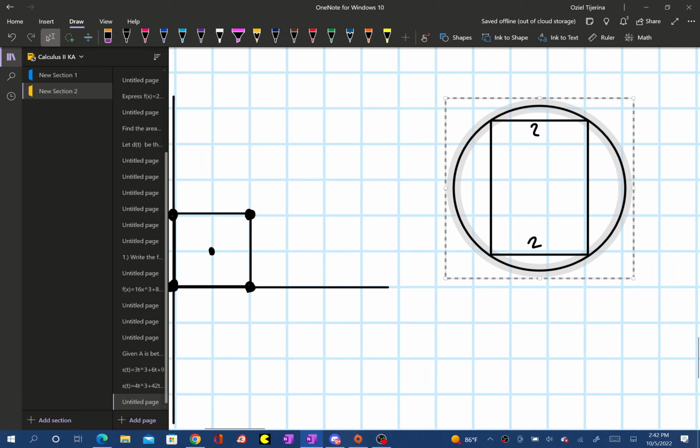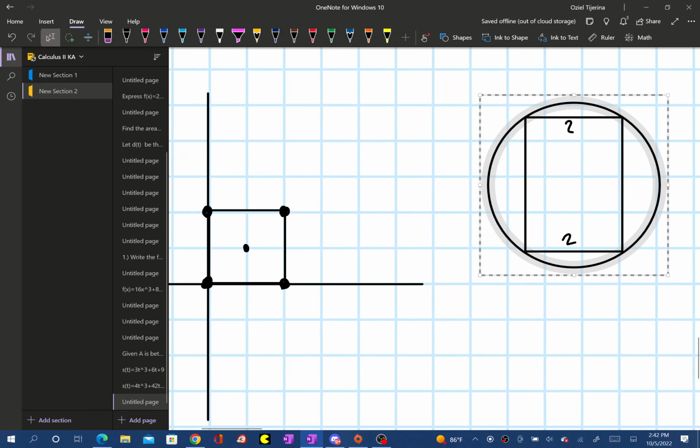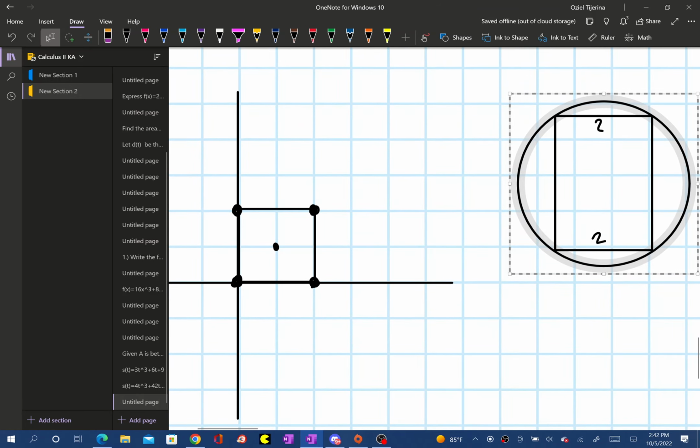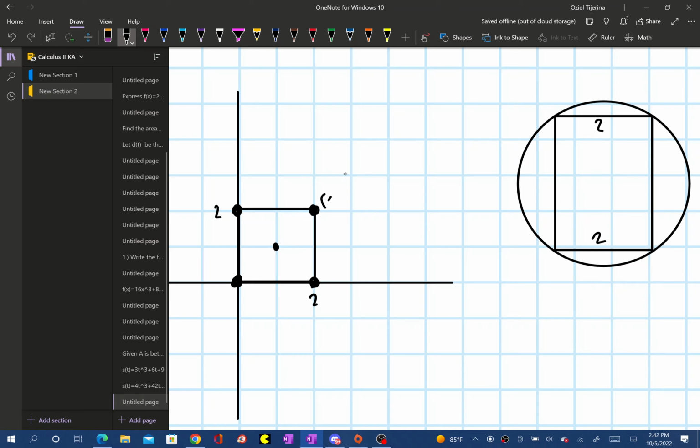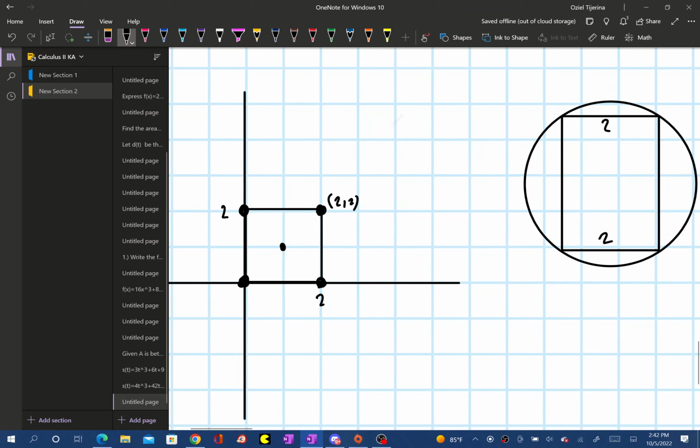So a point on the circle is going to be at 2, 2 and 0, 1, right?